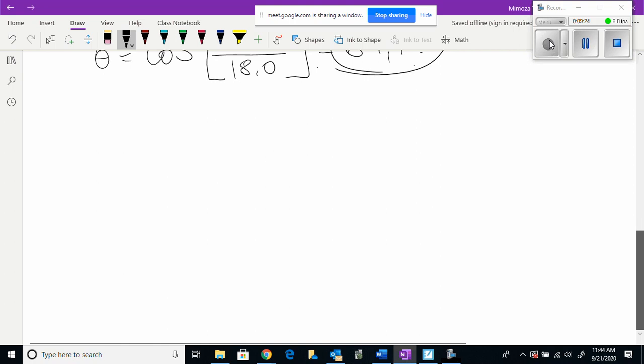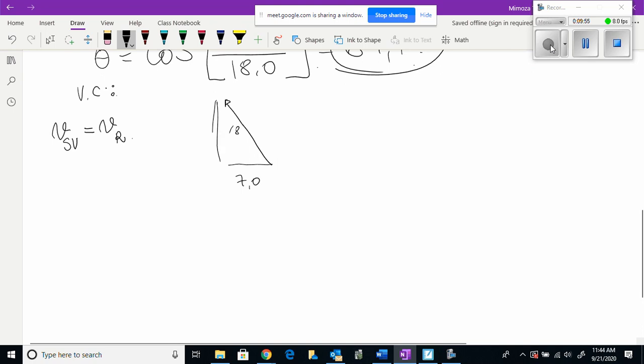So now from the vertical component equation, the vertical component of the swimmer's velocity is equal to the resultant. Now, the hypotenuse is 18 here, this side was 7, and you can find it any way you want.